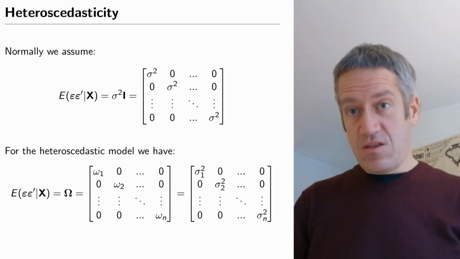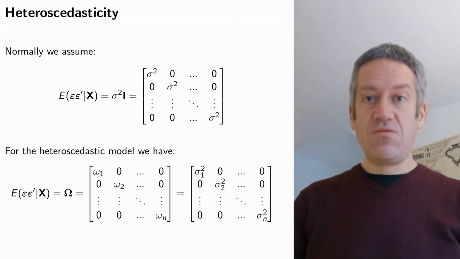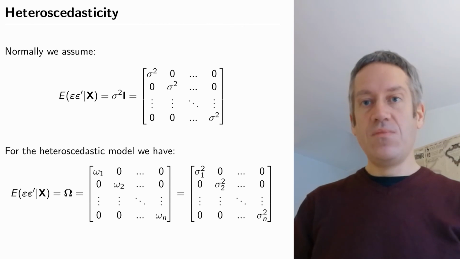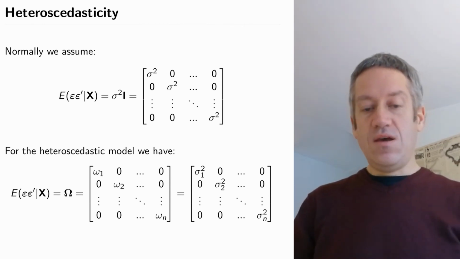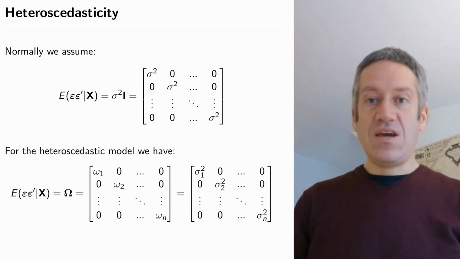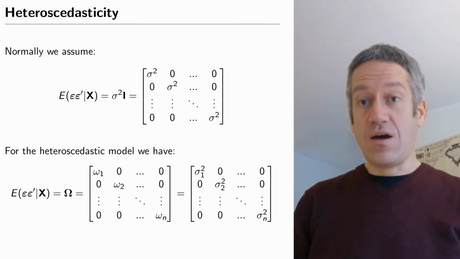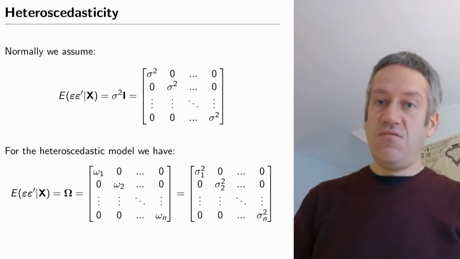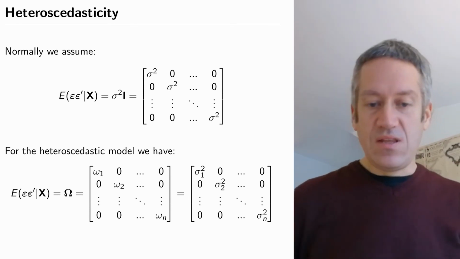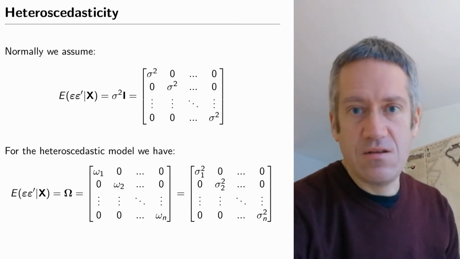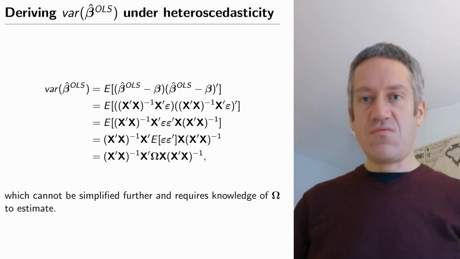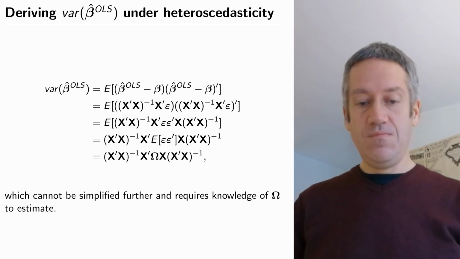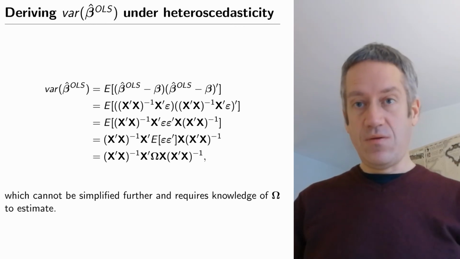A heteroskedastic model means that this constant variance across the diagonal does not apply, and the variance changes for each of the observations. That means that we cannot just say sigma squared times I as a shortcut for this expected value. In the next slide, when we derive the variance of beta hat OLS, we obtain this longer equation, and we cannot simplify beyond that.